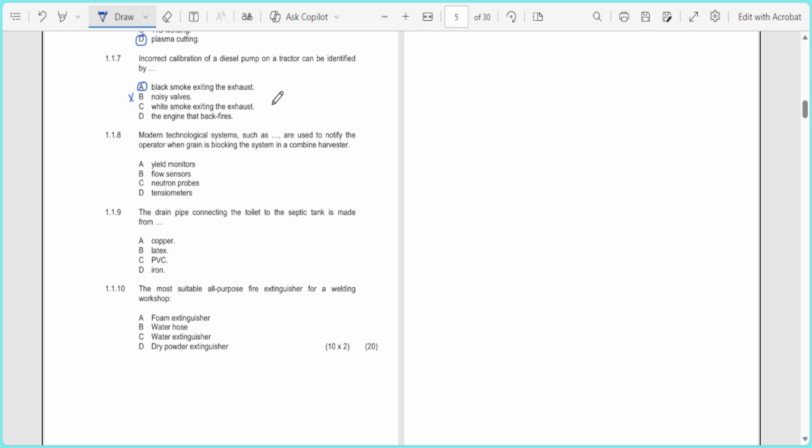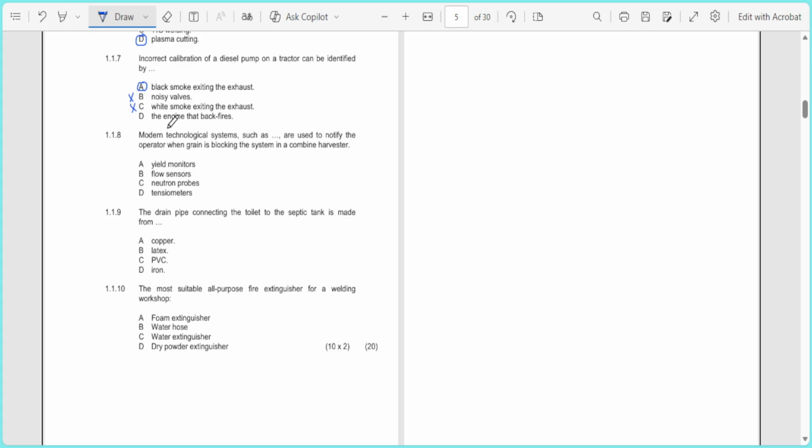Okay, black smoke, white smoke. You know what? The white smoke actually indicates something else, not incorrect calibration of a diesel pump. In many cases it indicates a coolant leak or cold start issues, but definitely not a calibration issue. So we are taking this one out as well.